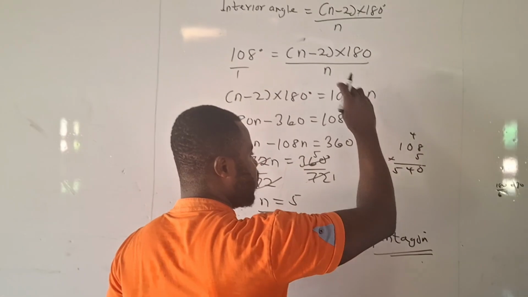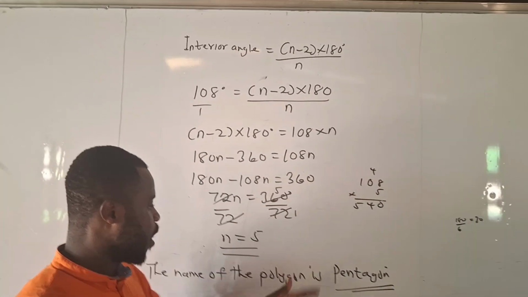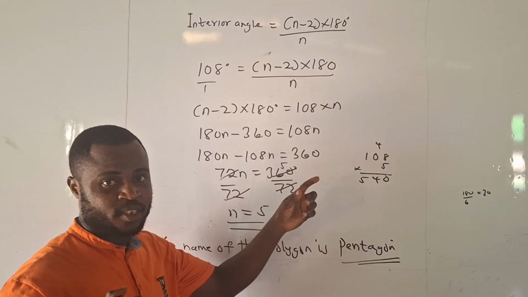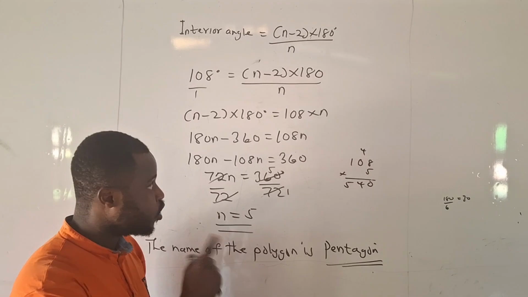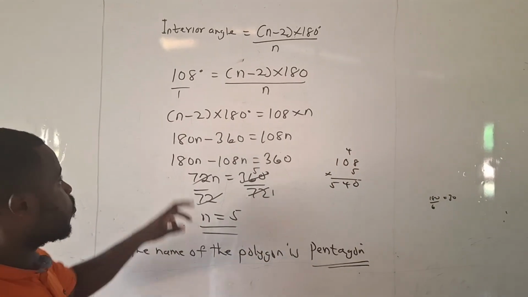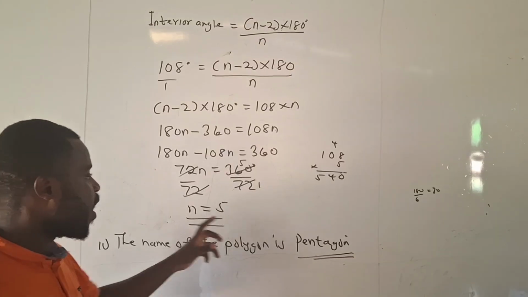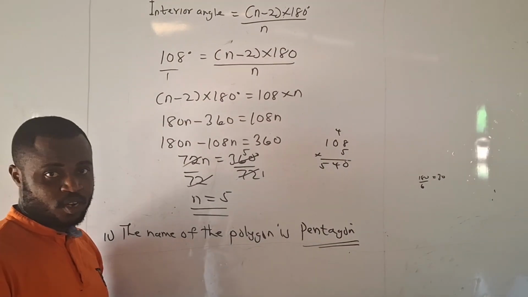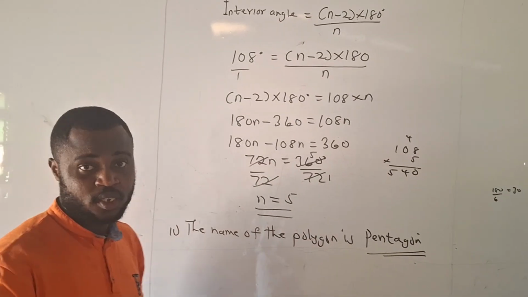So it means the sum of the interior angles of a pentagon is 540. In part 1, we solved that, so you can go and check it to confirm this answer. So it is true. Each interior angle of a pentagon is 108. If you divide 540 by the number of sides, which is 5, you are going to get 108, which makes this formula and these calculations correct.